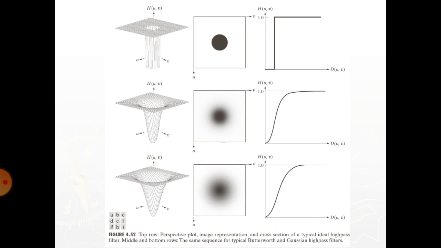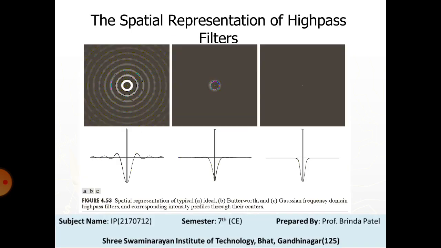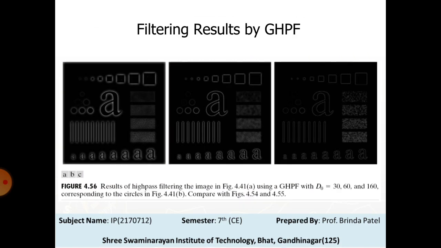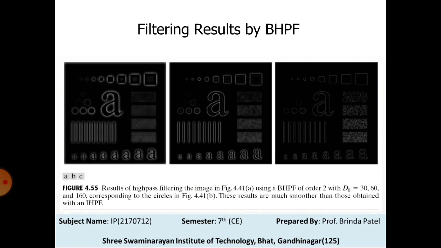As with the low pass filter, we can expect Butterworth high pass filters to behave smoother than IHPFs. This figure shows the performance of a BHPF of order 2 with D0 set to the same values.